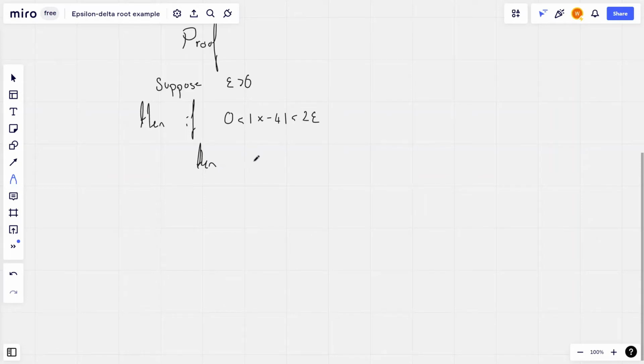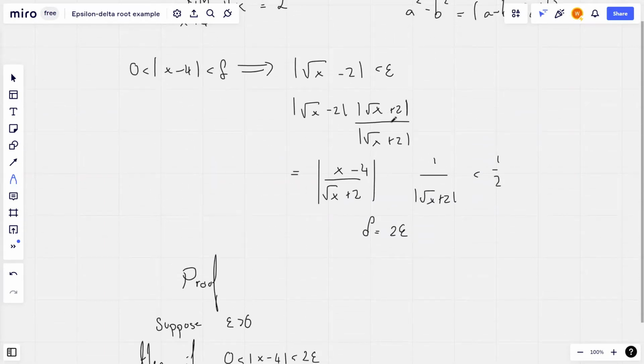Then we have root x minus 2, this, and then, okay, what did we do here?